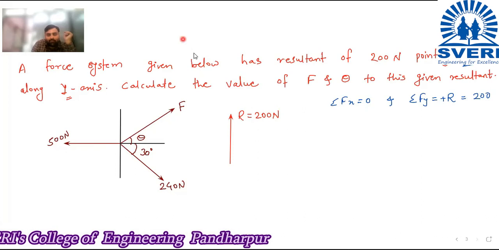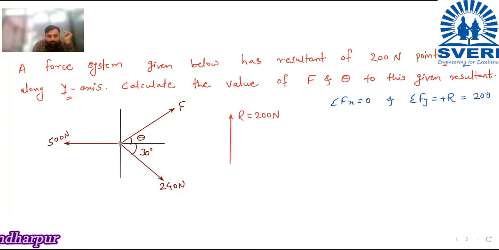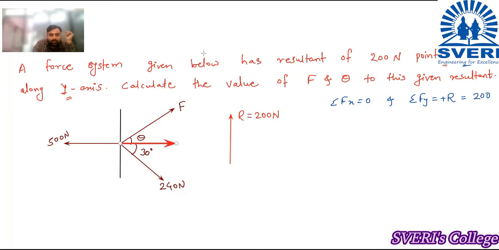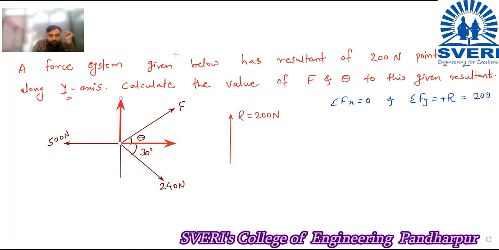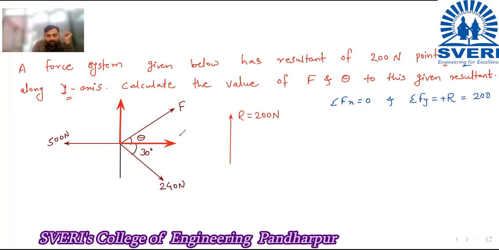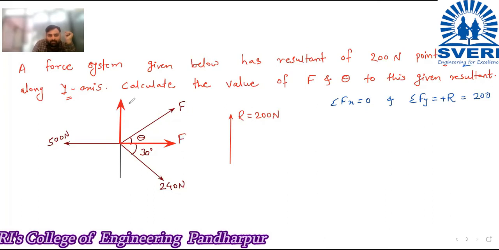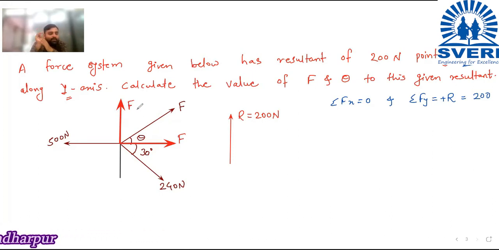So I will show you the resolution of this force. If I resolve this force, then one component will be like this over here, parallel to X, and another component will be parallel to Y. Here it is F, and this is also F. Now you tell me where I should write cos and where sin theta should be given.